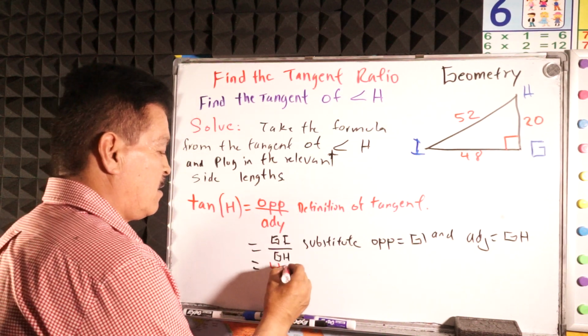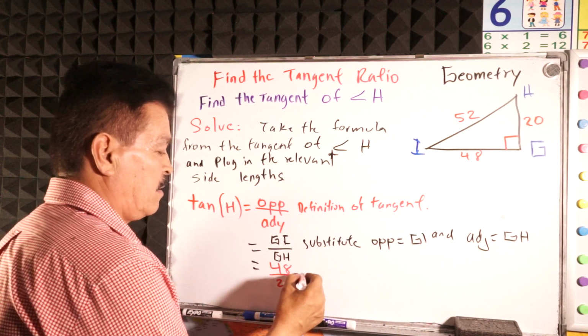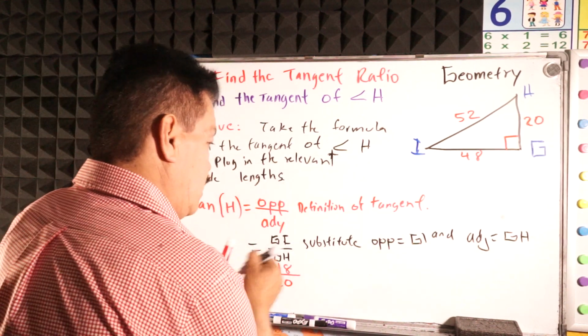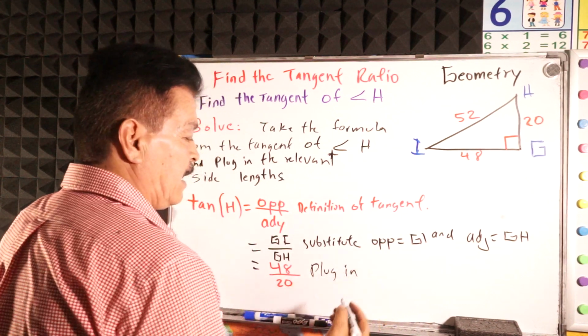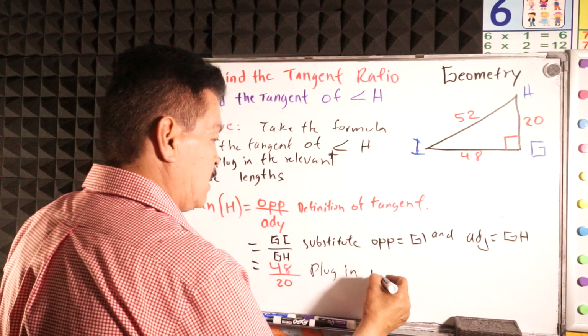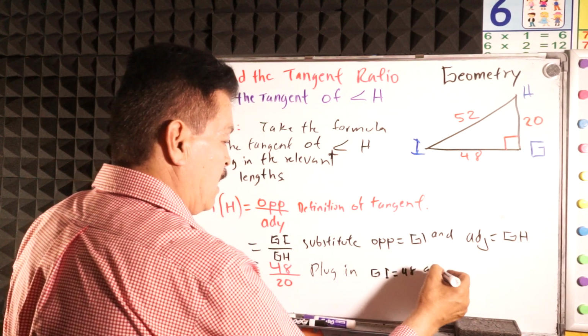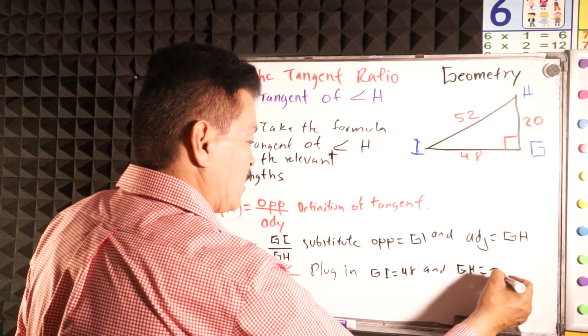Right? Okay, now next step, just write the numbers here. 48 divided by 20. Plug in here: GI equals 48 and GH equals 20.